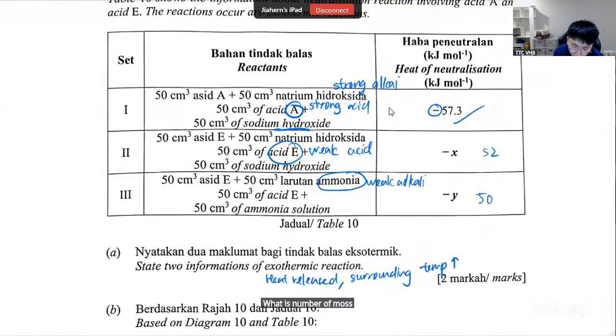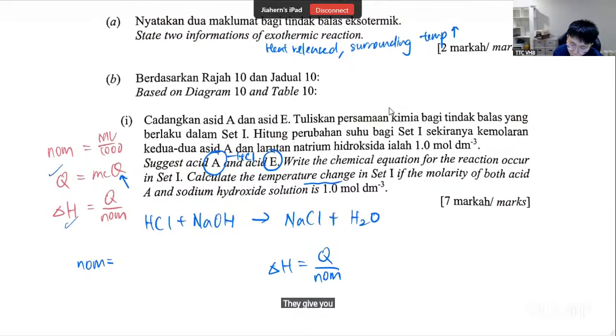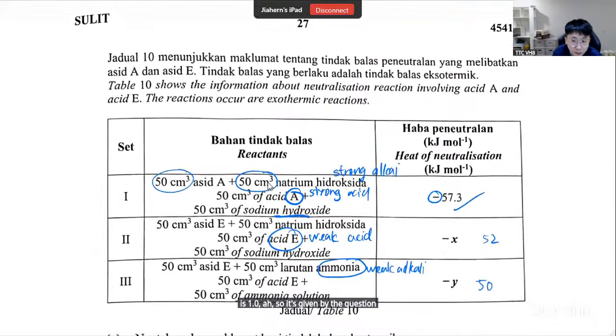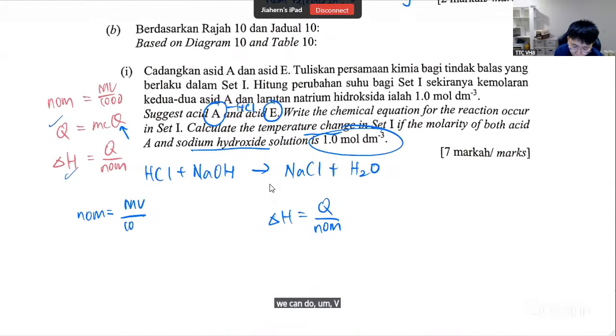What is number of mole? We have 50 cm cube, and is there any concentration? They give you concentration of the sodium hydroxide is 1.0. So we can do calculation for NaOH: MV over 1000. M is 1, V is 50, divide 1000, you get 0.05 mole.